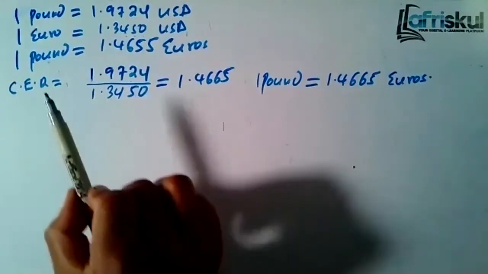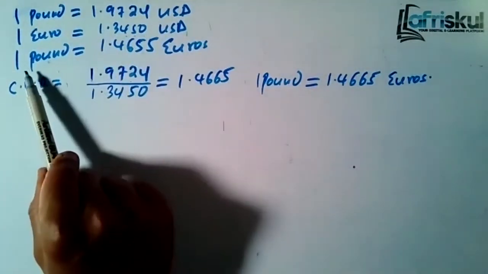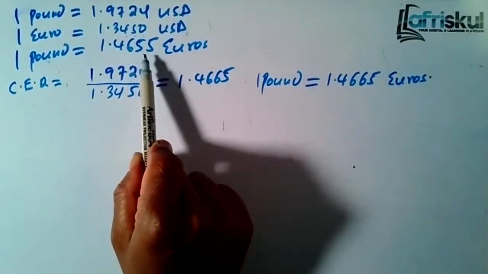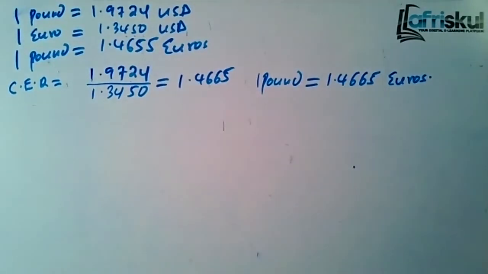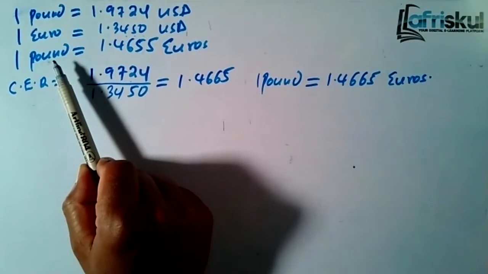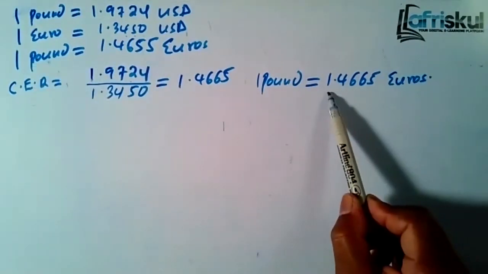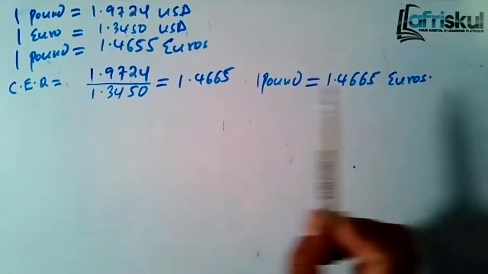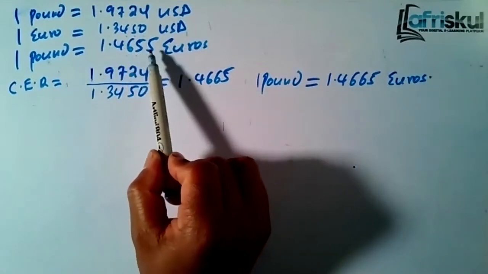Now, from the market, we are told that 1 pound is 1.4655 euros. So ask yourself, has the pound been overvalued or undervalued? This is the actual rate, it should be trading at 1.4665, but in the market it is 1.4655.